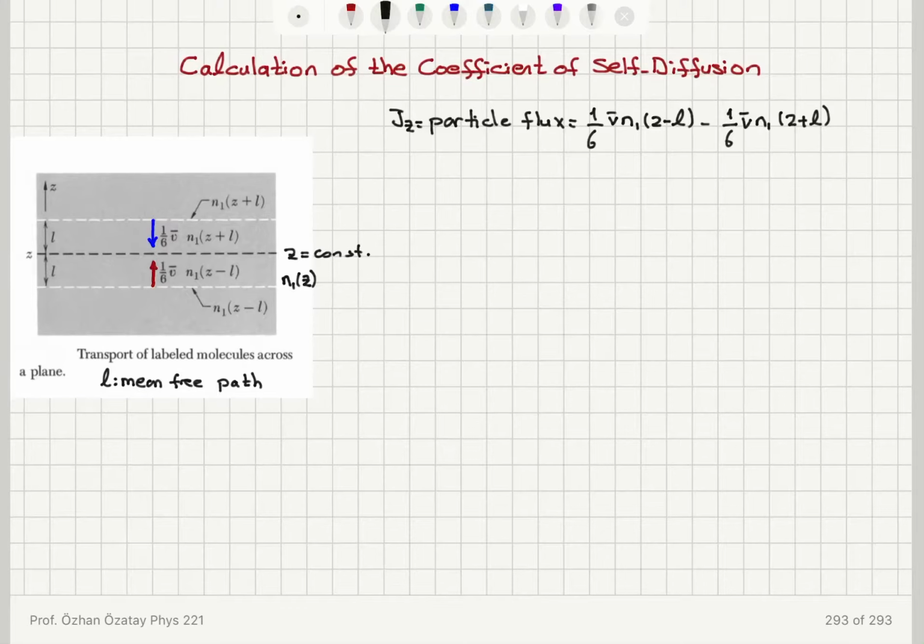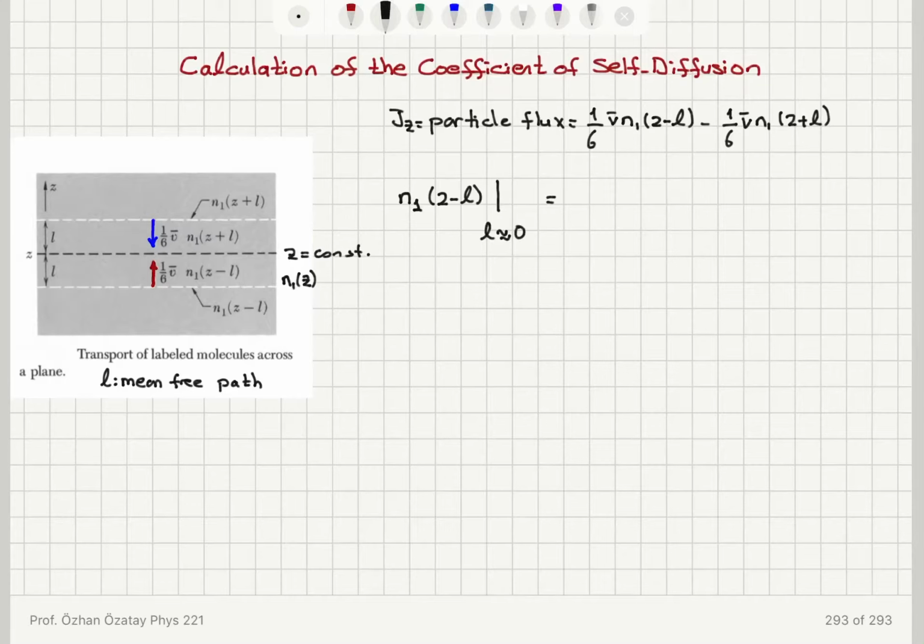And the concentration of labeled molecules N1 at position Z minus L, we can estimate for L very small.